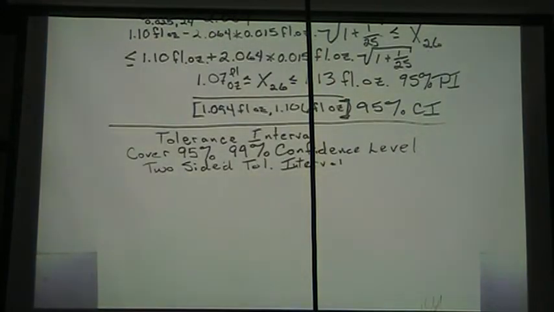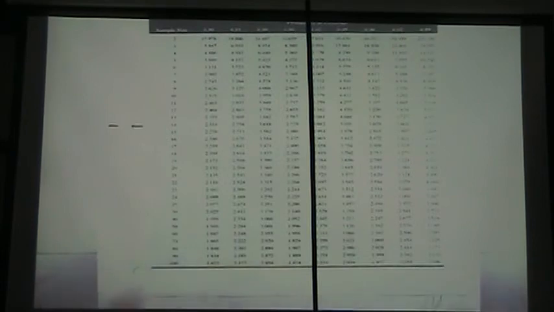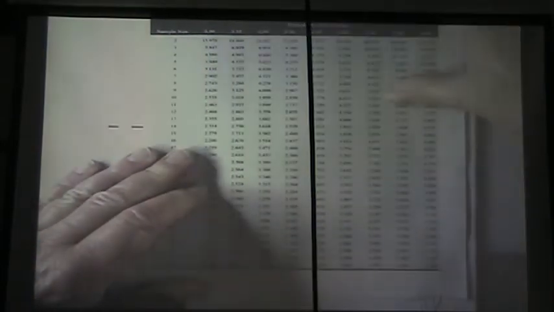All right, so for a two-sided, we get out our faithful paper.